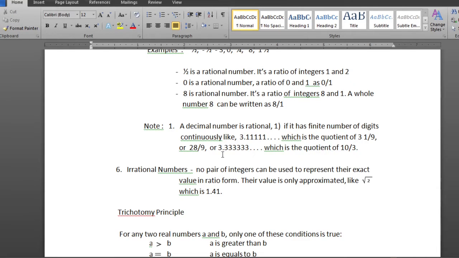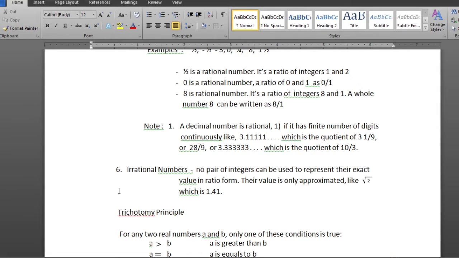Or it can be 3.3333, where the 3 never ends, continuous, which is the quotient of 10/3. So this kind of numbers are also rational numbers.